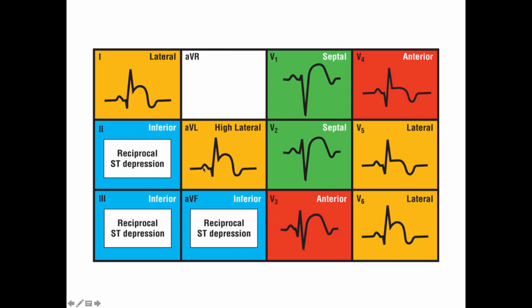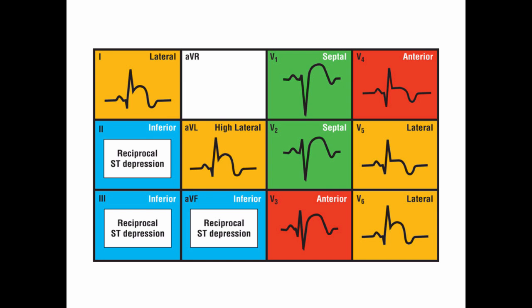And in AVL, there's also ST segment elevation. So we've got ST segment elevation like everywhere. But I've got this ST depression. That's our reciprocal changes, remember, because these are reciprocal to our lateral leads. So we've got ST segment depression in 2, 3, AVF, ST segment elevation everywhere else.